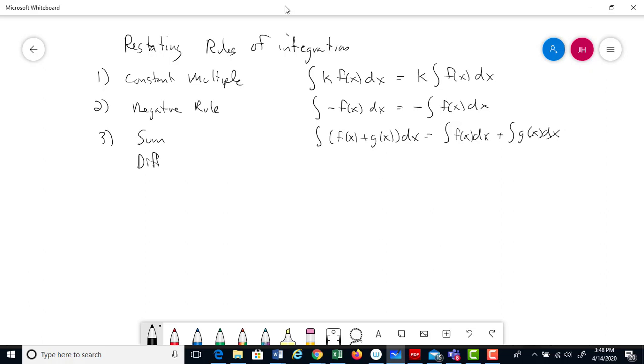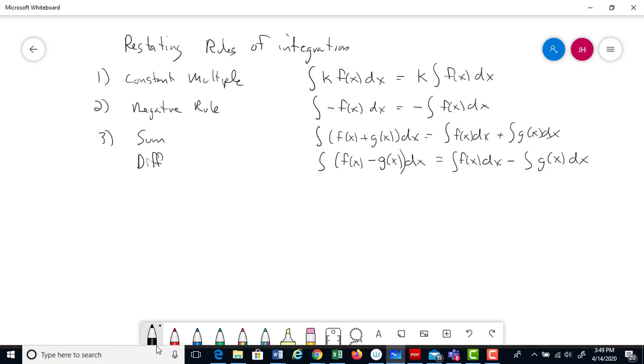And then your difference rule is the integral of f of x minus g of x is equal to the integral of f of x dx minus the integral of g of x dx. All right, so that's that.